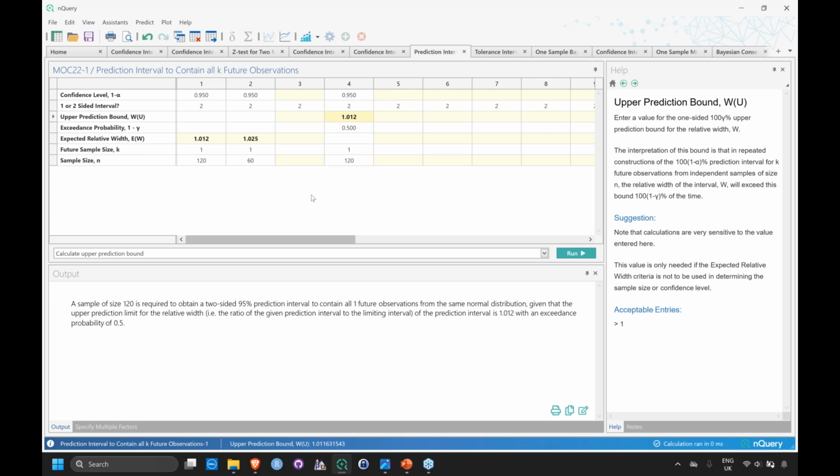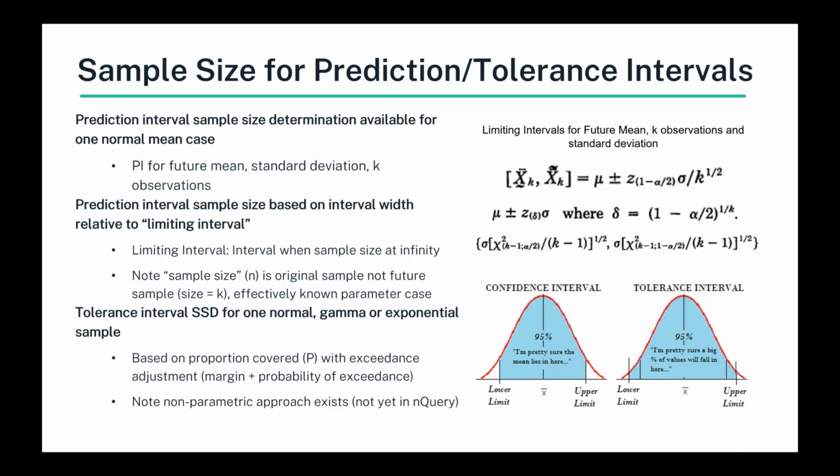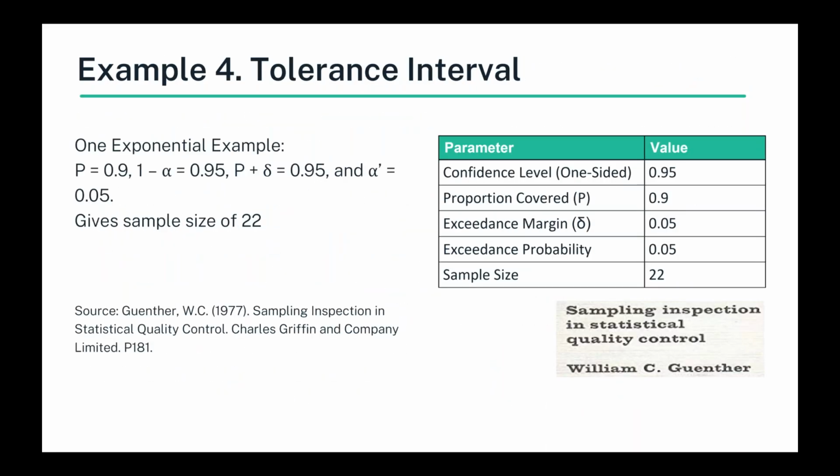So that was a prediction interval, but moving on, I'll just do one very quick tolerance interval example. This is an example from the original Gunter textbook, so it's kind of out of context and more just a theoretical example.